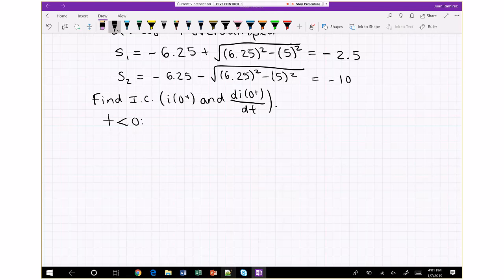Okay, now let's look at the circuit way before the transition. So that's a steady state situation. I'm going to represent that resistor with 8 ohms, which is that equivalent resistance of both of those in parallel.